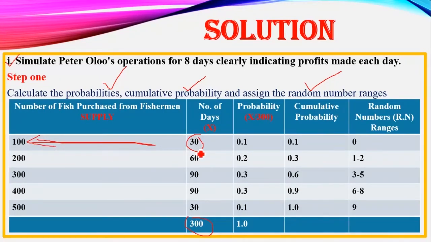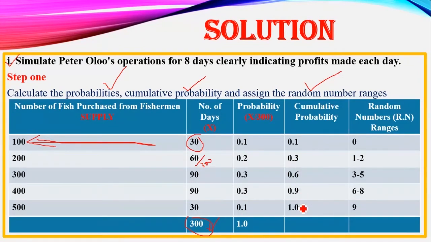That the probability of getting a supply on these particular days will be 30 out of 300. That's why I'm saying the probability is given by x, which is the number of days, divided by 300, which is the total number of days. So 30 divided by 300 is 0.1. Then 60 divided by 300 will be 0.2, all the way to the last item there.